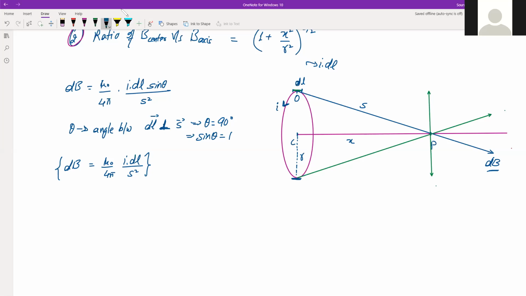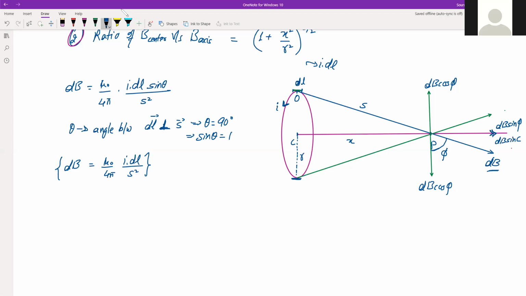Right now, suppose I take that this dB is at angle phi with this y-axis. Then it will have two components. This component will be dB cos phi, and this component will also be dB cos phi, of these two different vectors, and the component here of the two will be dB sine phi of both.